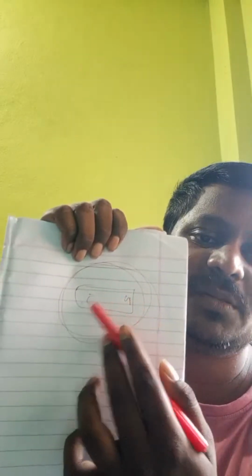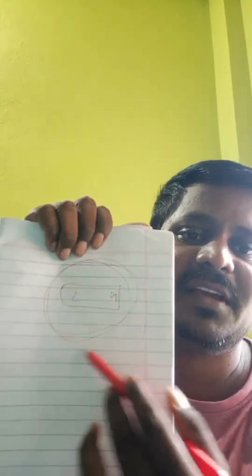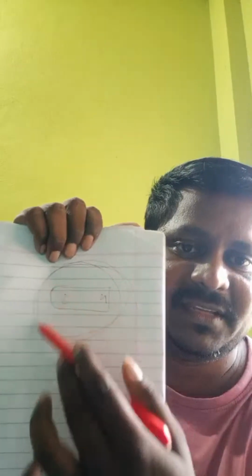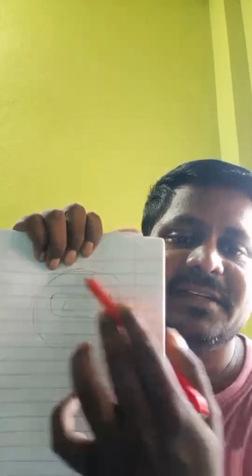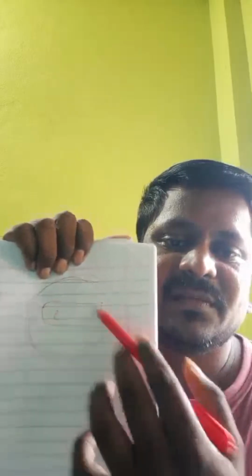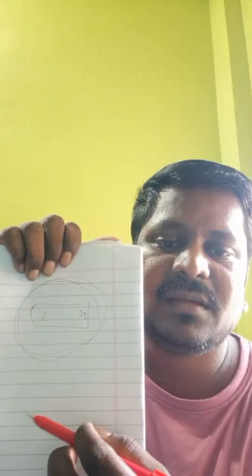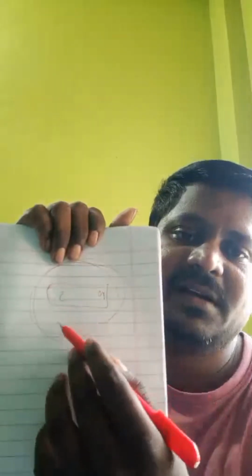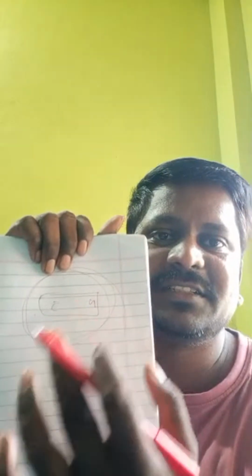Here you can see I am taking this north pole and south pole, and around it, the field will experience the force. So this is the region around the magnet in which the magnetic force exerts, called the magnetic field.